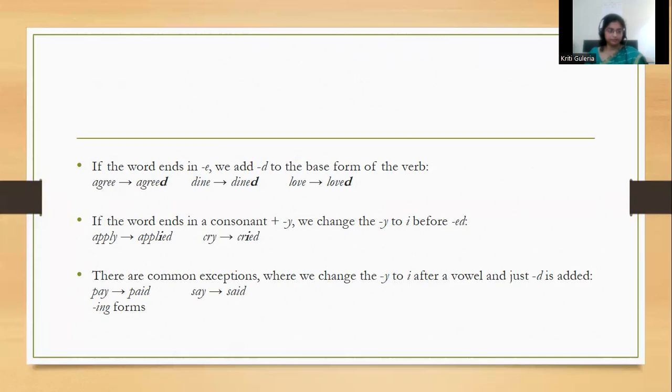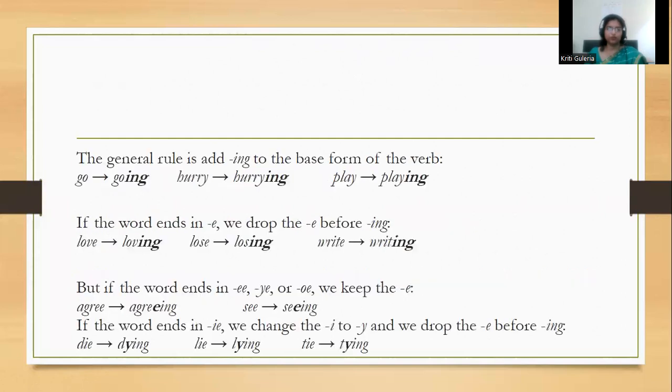Paid, P-A-I-D. Here we are not adding ED or IED, we are just adding ID. Clear? So these are a few exceptions. Again, the more you practice, the more you will get to know about these words, these exceptions, and the way you can present yourself. So for this, practice is required.